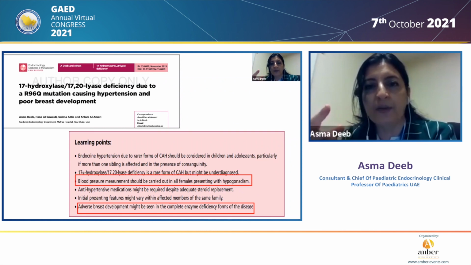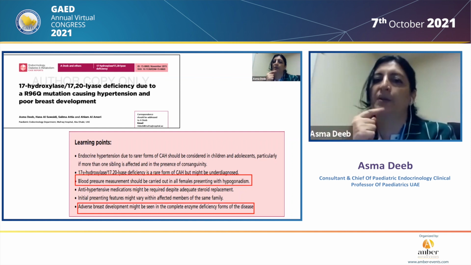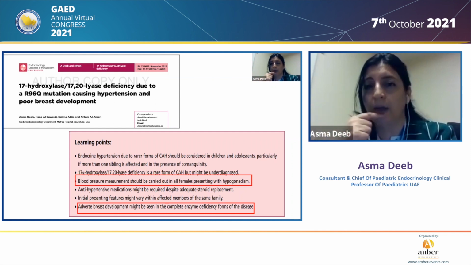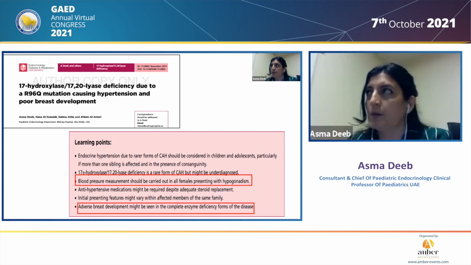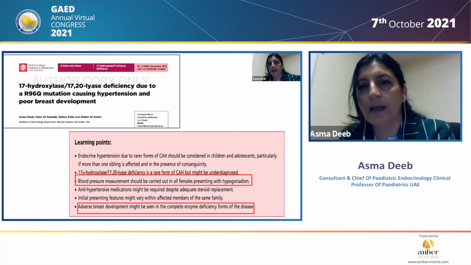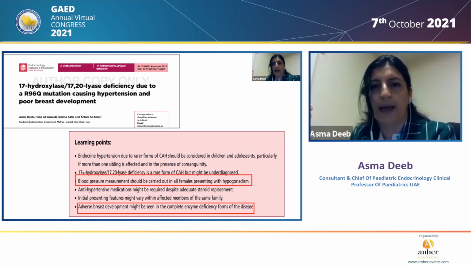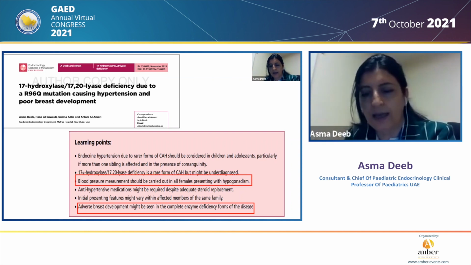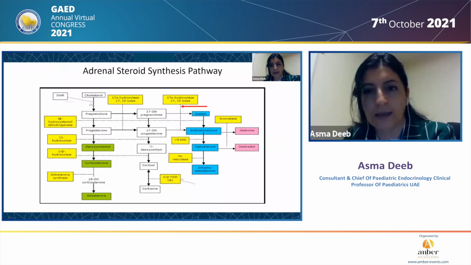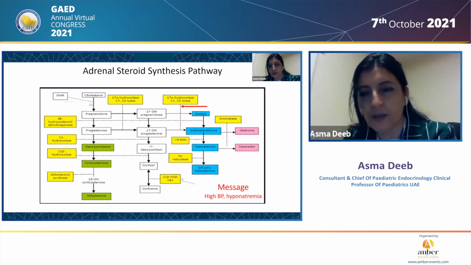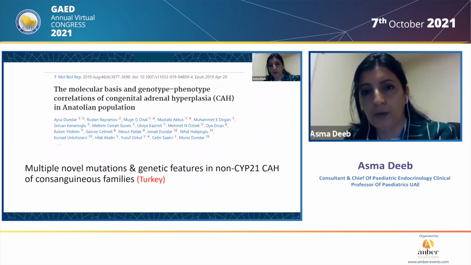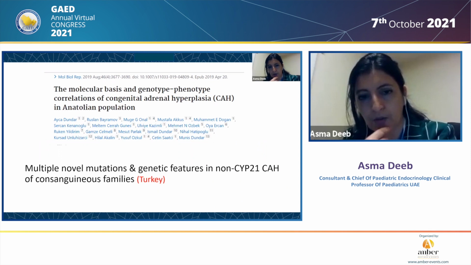They remained hypertensive and needed antihypertensive medications on top of the hydrocortisone replacement. We also noted that their breast development was poor, despite the fact that I started their induction of puberty at the recommended age and following international guidelines. So the message is we need to be very careful when we assess people with high blood pressure and hypokalemia, and we need to consider these conditions.